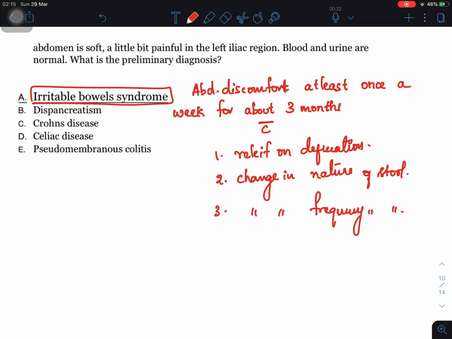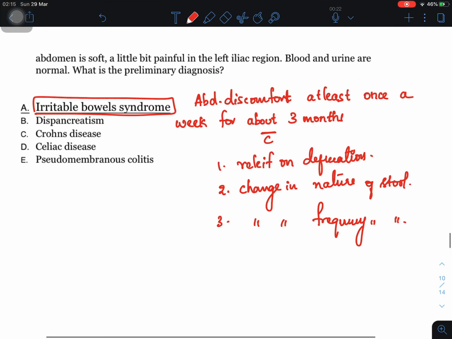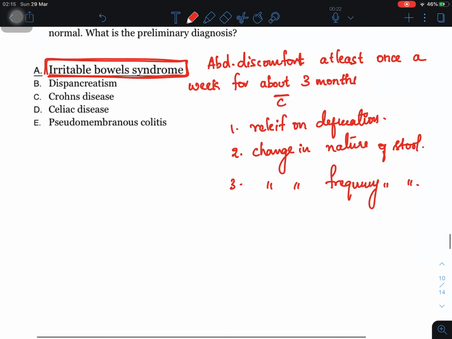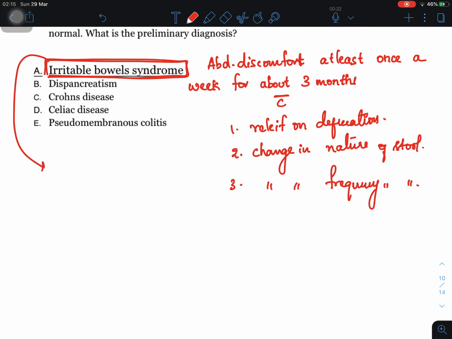Sometimes I go in the morning, sometimes in the evening, sometimes in the night. If you hear those complaints, then definitely the thing is about irritable bowel syndrome. If you wanted to do a colonoscopy, which is not at all needed, if you do a colonoscopy in these patients, you don't find any changes.